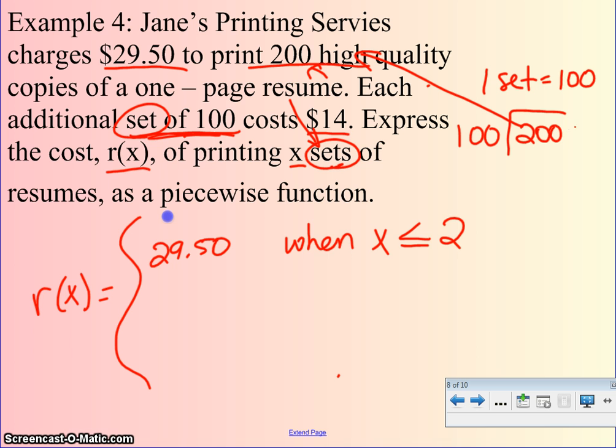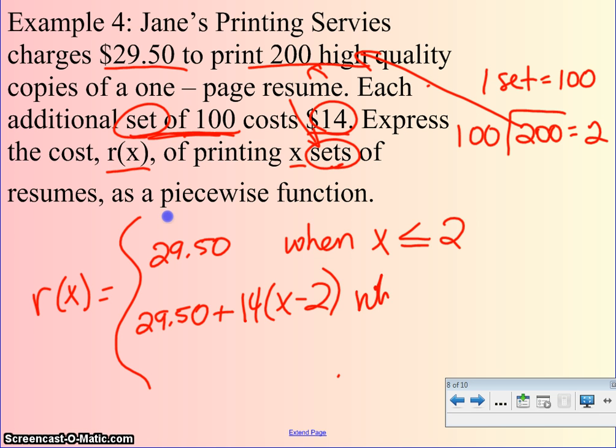Well, if I divide that into 100 in each, there are 2 sets. The second line of the piecewise function is $29.50 plus, it says here, an additional $14 for every set over the 2. So when X is greater than 2.